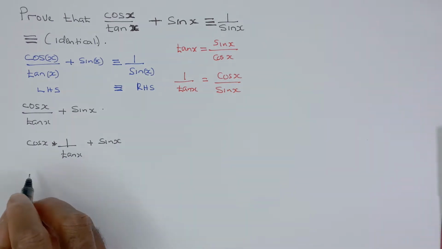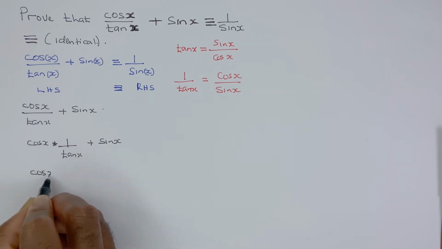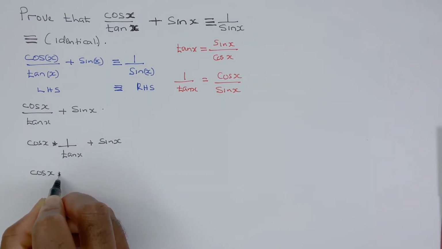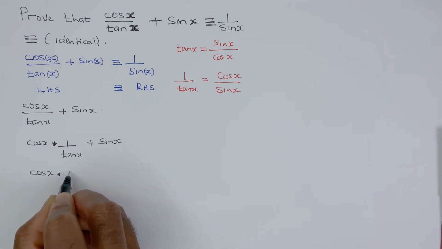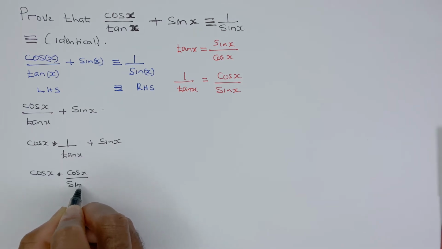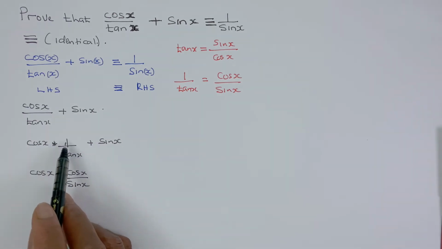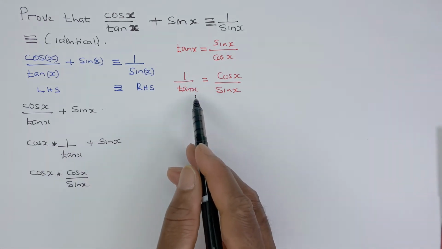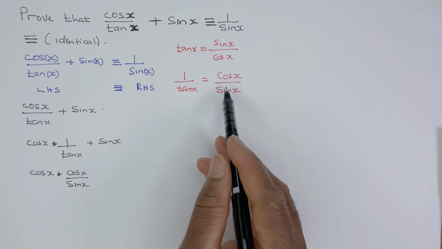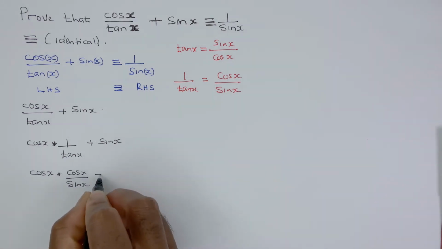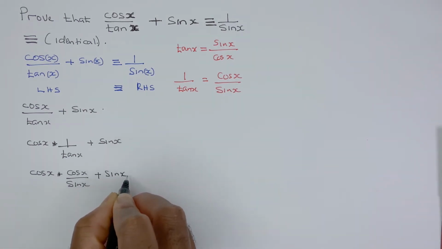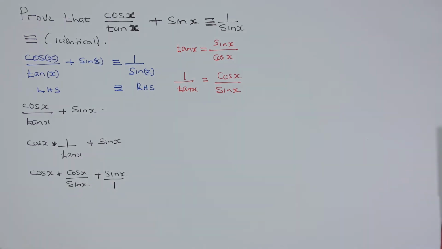So that's what we've got here. So we've got cosine of x times cosine of x over sine of x. So I'll just rewrite that in this format, and then 1 over tan of x is cosine of x over sine of x, and then plus sine of x, and that is over 1.